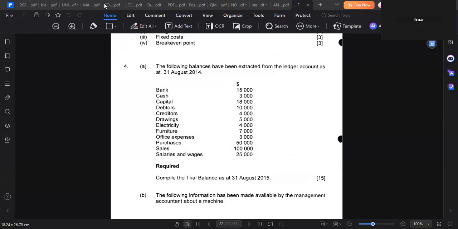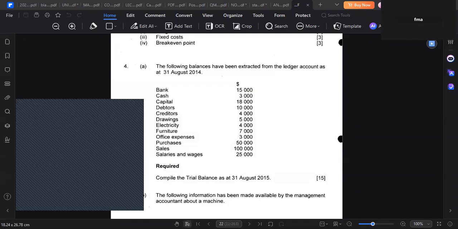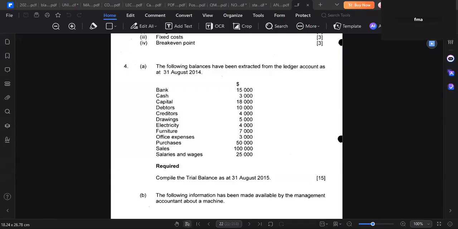All right. So here is our output. Let's check the accuracy and see whether all the figures that we entered were correct.